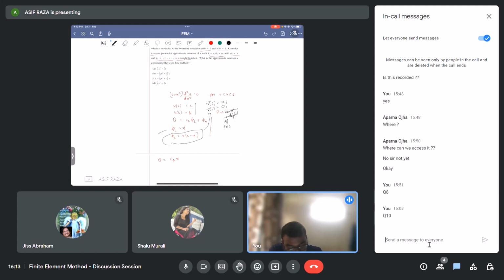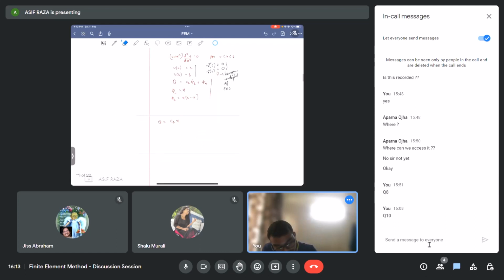And phi naught is something related to translation, but it's not mandatory to use this. Like this is already given in the question, that phi 1 is this and phi naught is this. This is not mandatory. You can take phi naught as x, phi 1 as x square, phi 2 as 1 minus x square.